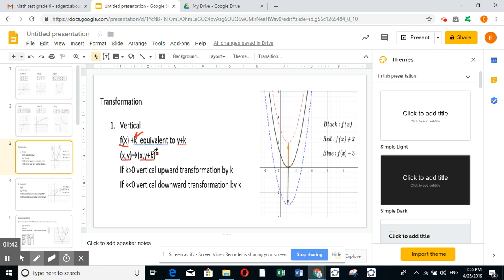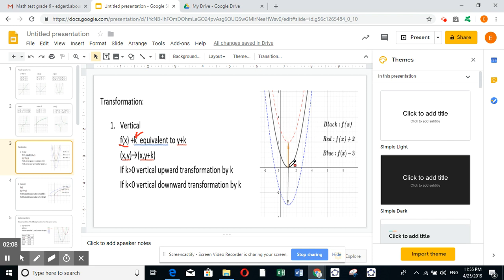When you add to y, it means rising or going down, because y is elevation. So in this case, if k is bigger than 0, you have a vertical upward translation by k. If k is negative, you have a vertical downward translation by k. Suppose you have f of x, which is the black parabola.